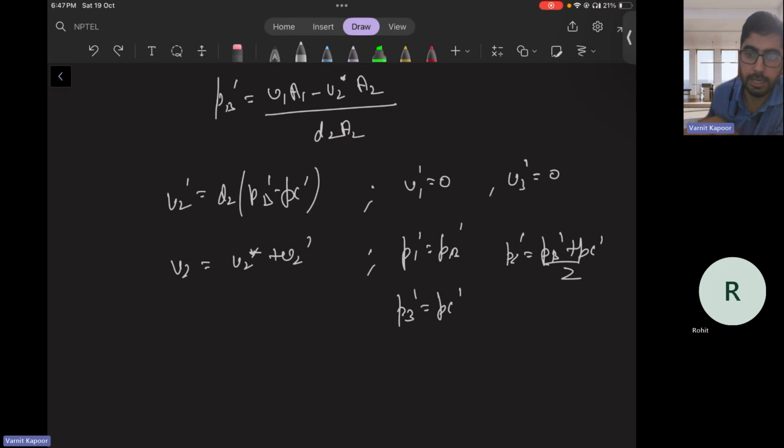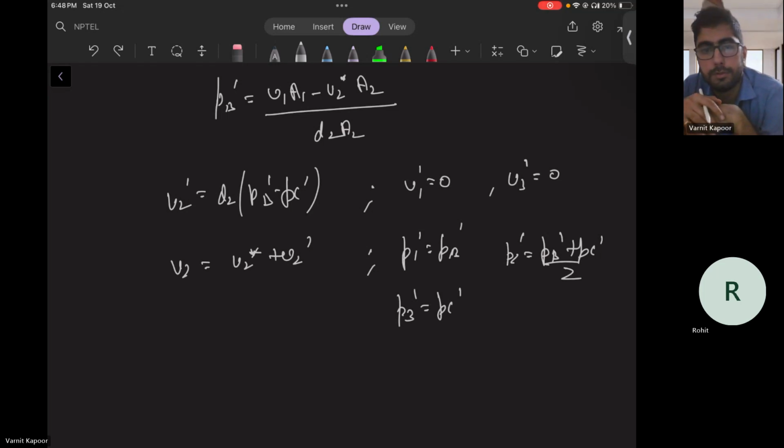If we go to equations 6 and 8, the U1s are related.